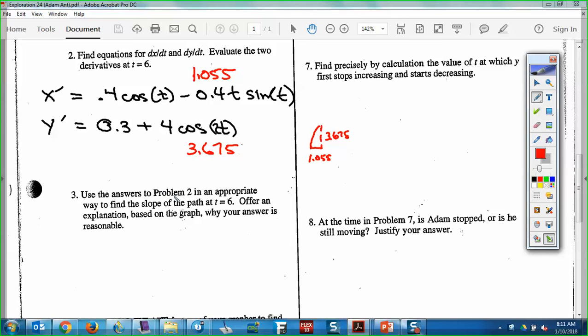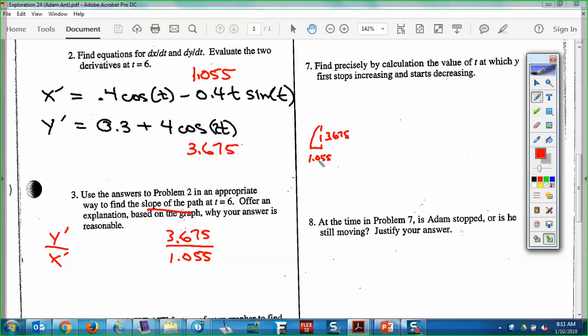So now does it make sense that when it asks for the slope of his path, our equation is to take y prime divided by x prime, this number divided by this number? Is that what you did on number 3? Use your answers in problem 2 to find the slope of the path.